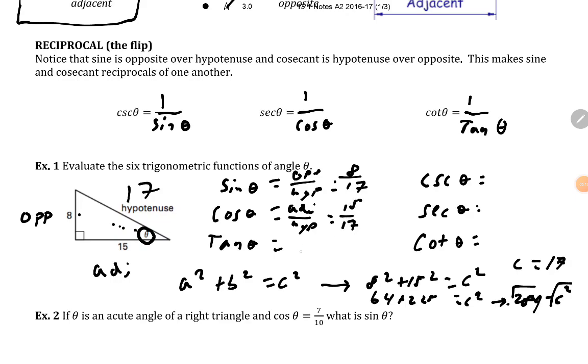And then tangent is opposite over adjacent, which is 8 over 15. Cosecant is just sine flipped over, so 17 over 8. Secant is cosine flipped over, so 17 over 15. And then cotangent is tangent flipped over, 15 over 8.